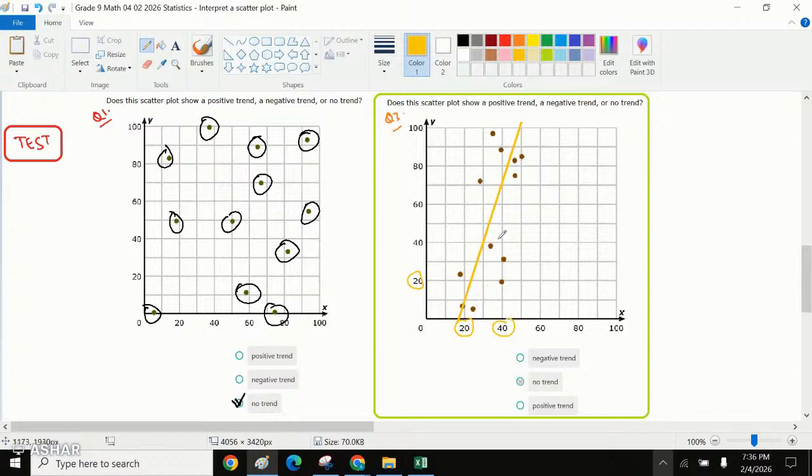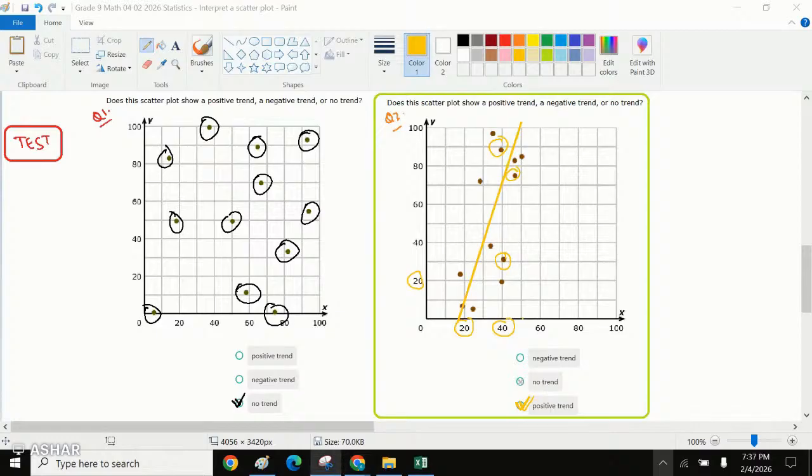When this was 40, it had increasing values. 50 is 80, right? 40 also had this value. That means, yes, agreed. This is a positive trend. Okay, let's move ahead. Thank you for the answer.